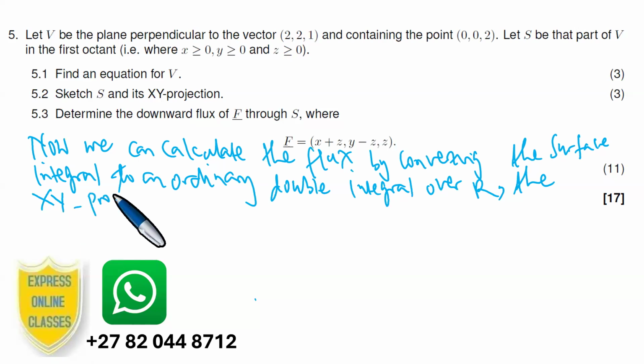Right, because now we dealt with the XY projection before for this region in the first octant. So we are moreover saying the XY projection drawn in 5b.